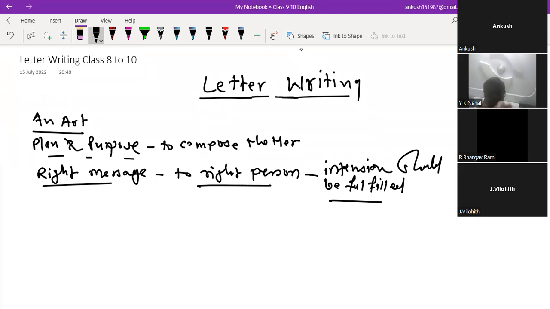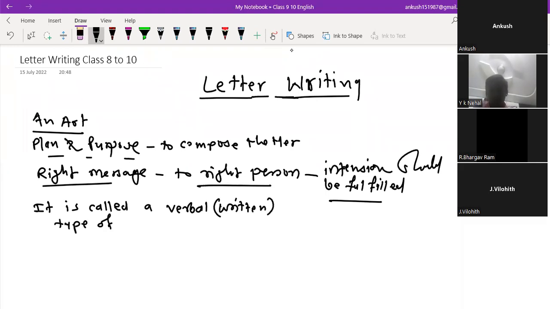Sometimes we write a letter to give orders, inquiries, requests, ideas, advice, feelings and emotions, and so on. This is a verbal type of communication, but in written form.